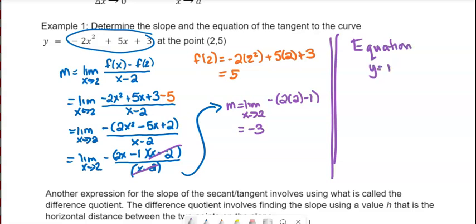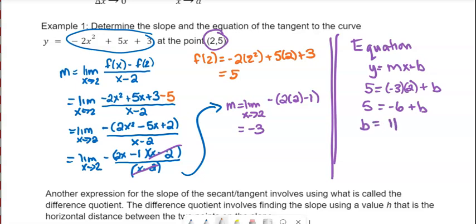So I'm going to use the format y equals mx plus b. I'm using this as my point, 2, 5, my slope is negative 3, I just figured that out. 2 is x, and b is my unknown. So b is 11. So then my final statement is y equals negative 3x plus 11. And that's the equation of my tangent.